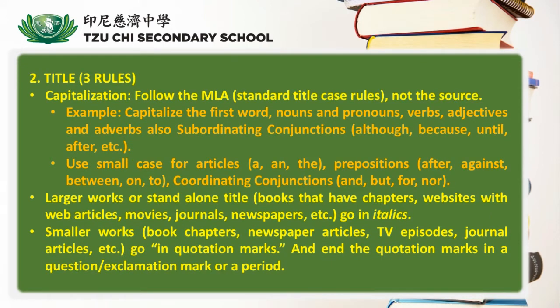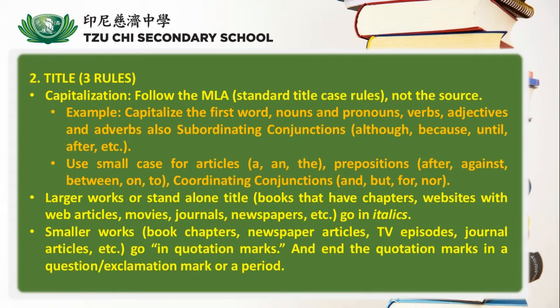And formatting the title. 3 simple rules. Capitalization, follow the MLA standard title case rules, okay, not the source, because sometimes books can be printed with all capital letters for the title on their cover, but you cannot follow the book's cover rules, okay? Stick to what MLA has written.